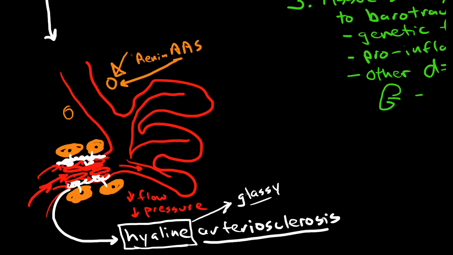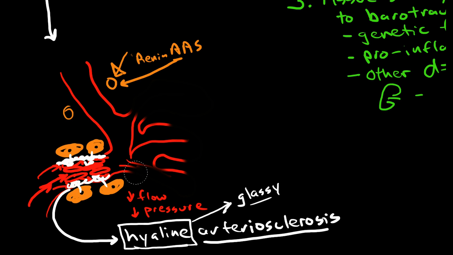So this eventually will cause decreased blood flow to the glomerulus to the point that we start to have glomerular atrophy. We have ischemia to the glomerulus, and it causes the cells to go into a state of apoptosis or just die from necrosis. And this is due to chronic ischemia.